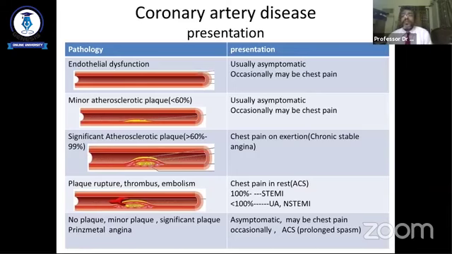That leads to the formation of a thrombus over the atherosclerotic plaque, and this causes total or subtotal obstruction of the coronary arteries, leading to the development of acute coronary syndrome.